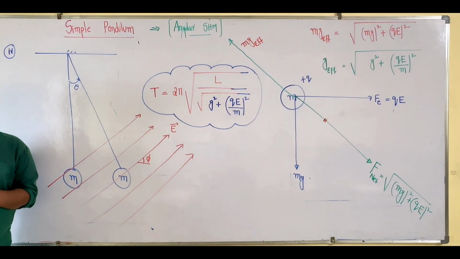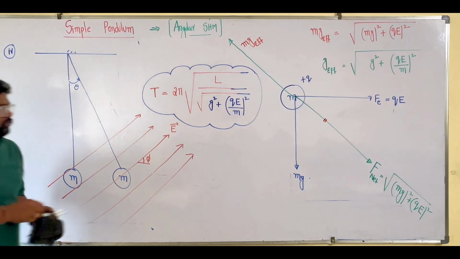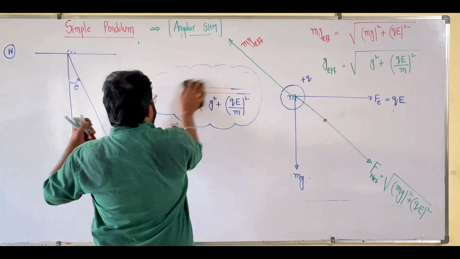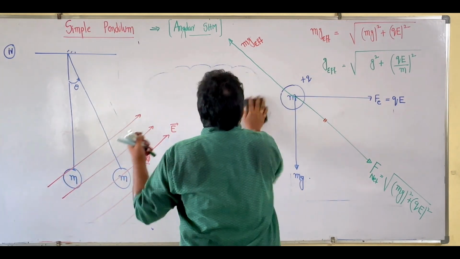The angular disturbance is theta. So the electric field is inclined, making an angle phi with the horizontal. Understood? Now tell me, what are you getting?